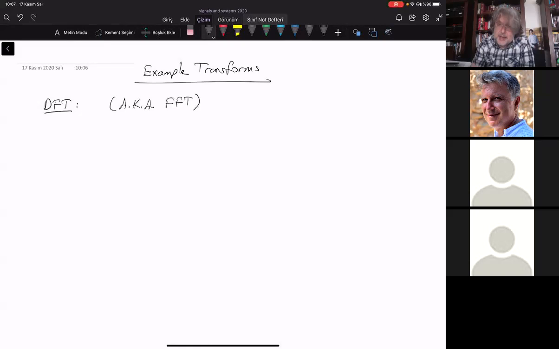Now, the DFT, we know what it means. They are the samples of discrete time Fourier transforms. They are the samples of DTFT. And that is also equal to, within one period, the values of the discrete time Fourier series.